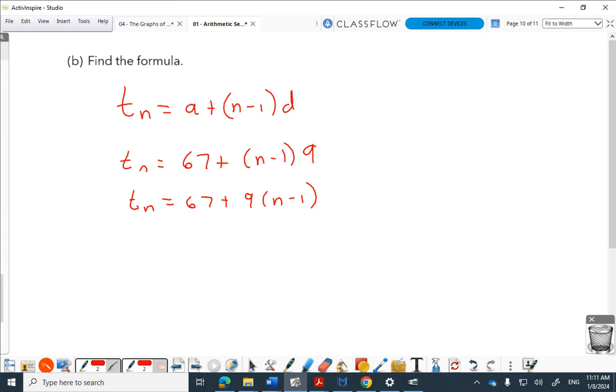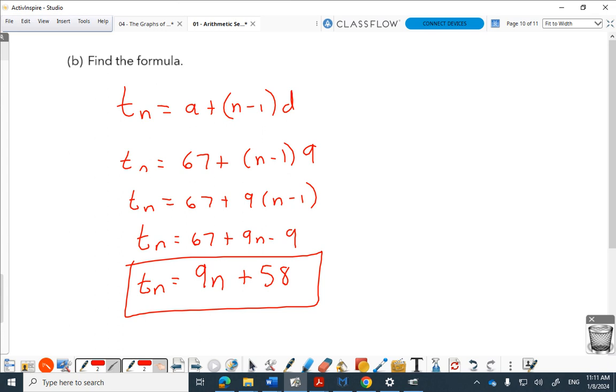So you can distribute it in. And then collect up the like terms. Well, it's simplify the formula. I hope I'm not being nitpicky when I say it's not solve the formula. It's like tidy it up. Isn't that nicer looking? I think the answer's in the homework. That's what they'll look like. They'll tidy it all up for you there.